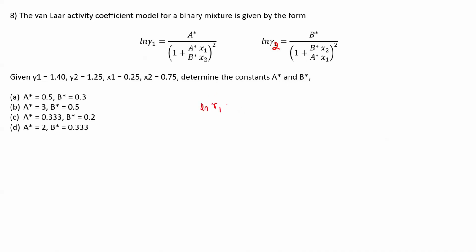Now I have ln gamma 1 is equal to A star by B star x2 plus A star x1 whole square, and this denominator here will go to numerator. So B star square x2 square.